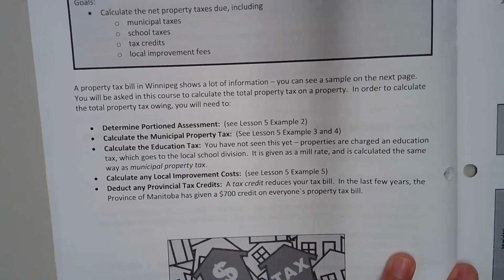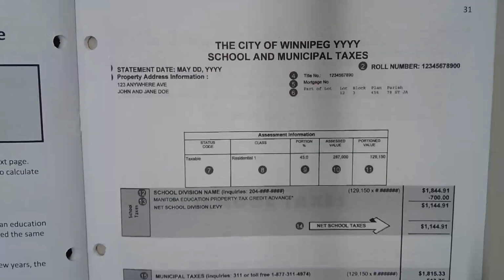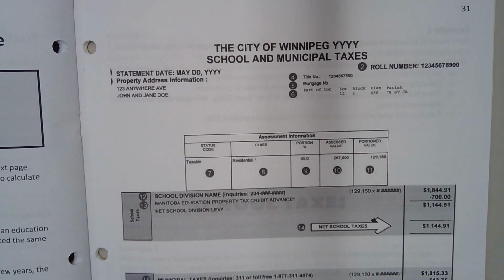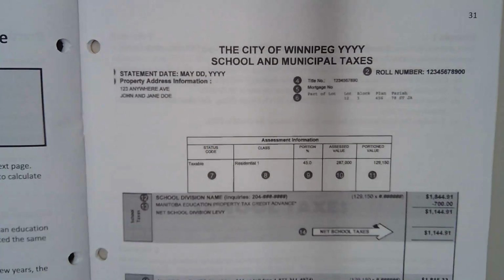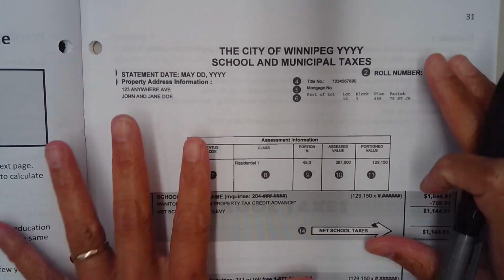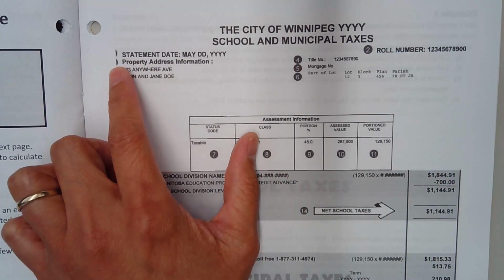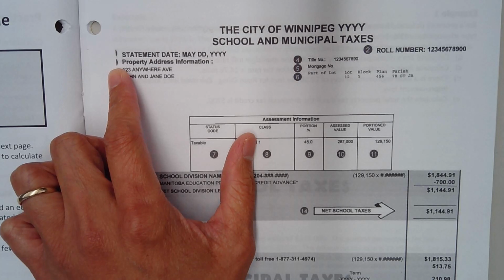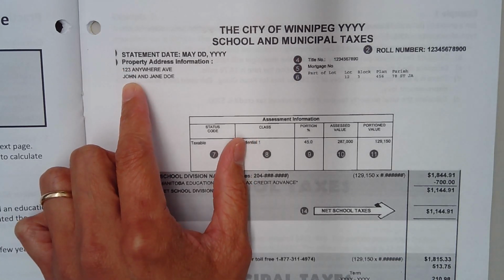So when you get a tax bill, okay, when you get a tax bill, this is actually the tax paper that comes from City of Winnipeg. I get this every year, and you get this every year. So in this information, it has the date, property address, that's where the property is, where your house is, right? And who owns this property.